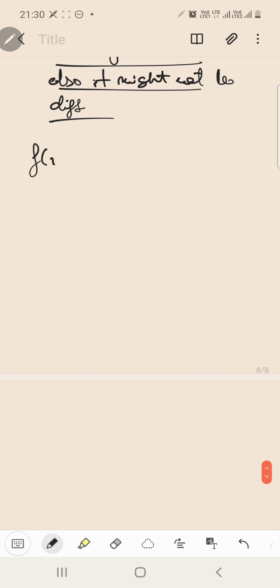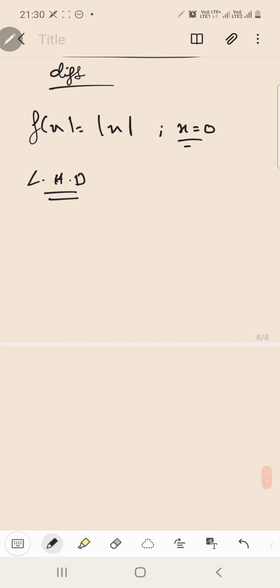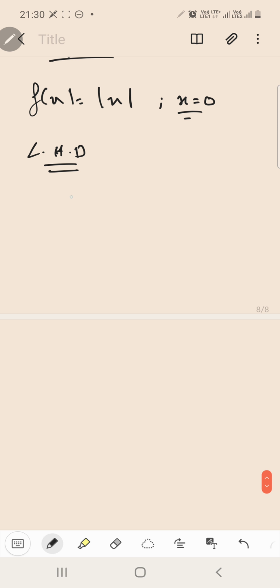Let's take the mod function, f(x) equals mod x. Now let me say that we are finding the left hand derivative at x equals 0.